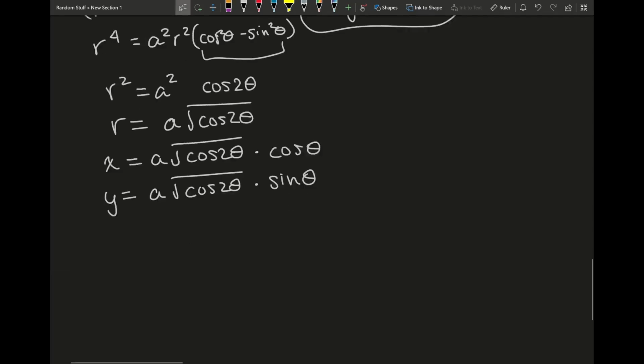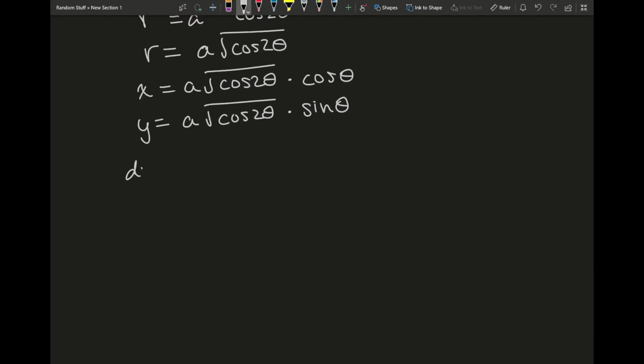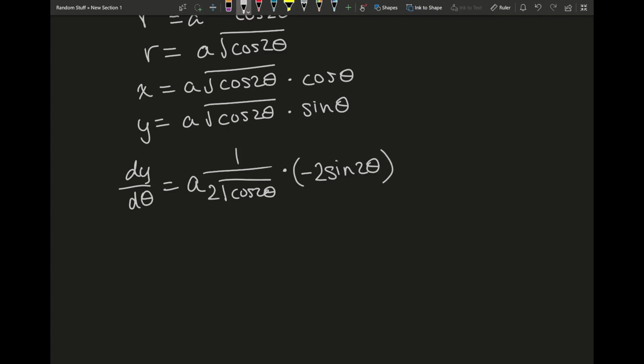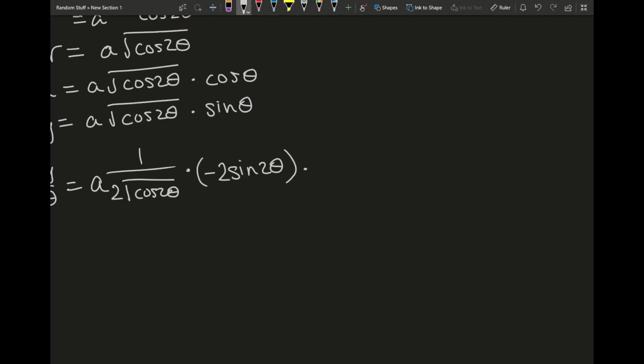So what's dy d theta? Okay, product rule. The derivative of the square root is 1 over 2 times square root of cosine 2 theta, and then the derivative of cosine of 2 theta is negative 2 sine of 2 theta, and then you multiply by sine theta again from the top, and you add cosine of 2 theta times the derivative of sine, which is just cosine.